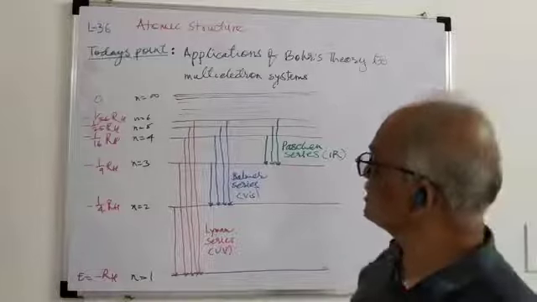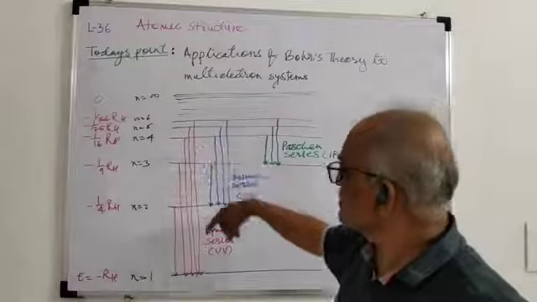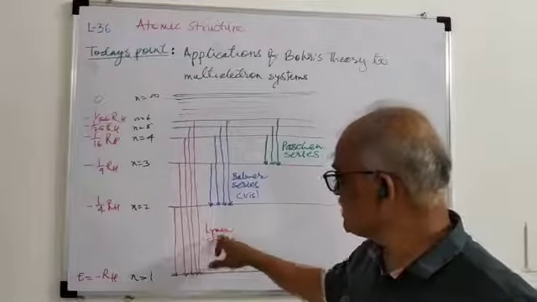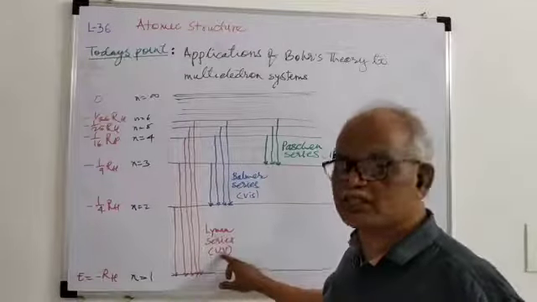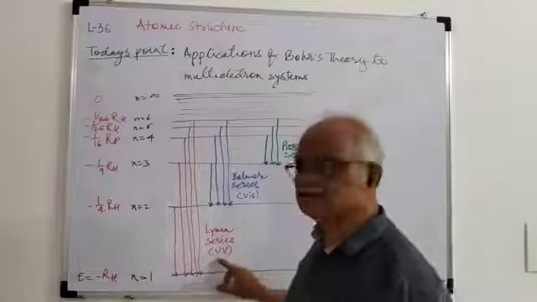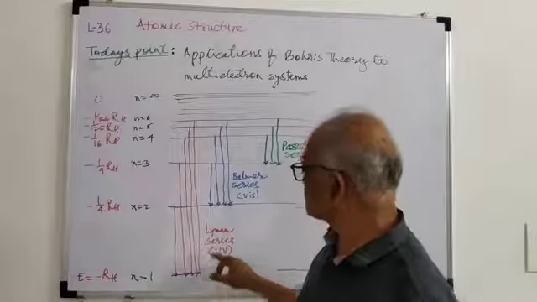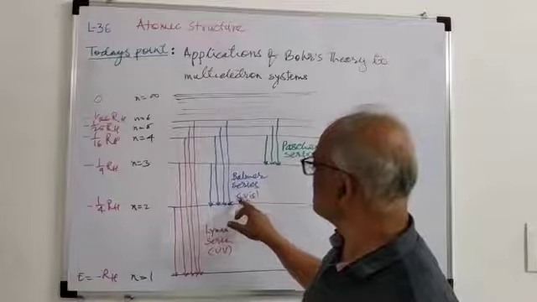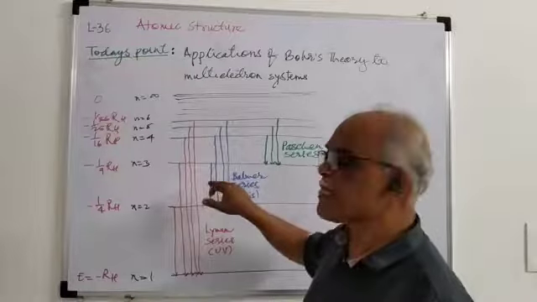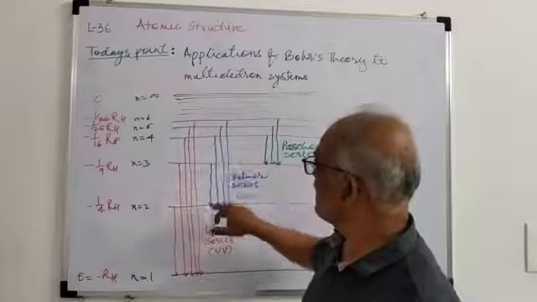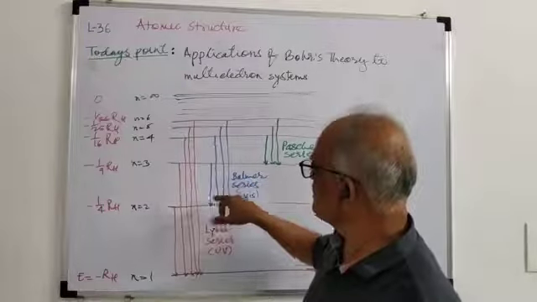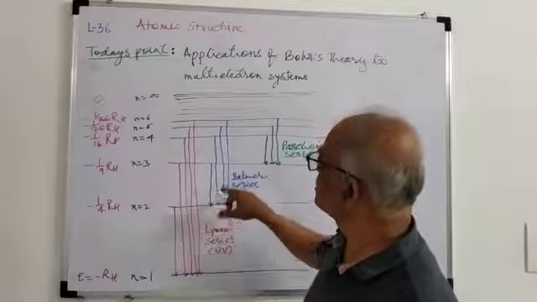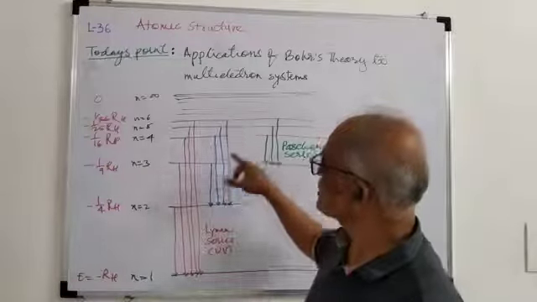So the hydrogen atom gives the spectral lines in this way. The first set of spectral lines obtained is named the Lyman series, which is obtained using radiations from the UV spectrum. In case of the Balmer series, the visible region is used to obtain the spectral lines, and the transitions take place from n is equal to 3 to 2, from 4 to 2, from 5 to 2, from 6 to 2.